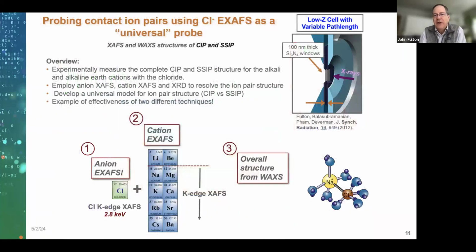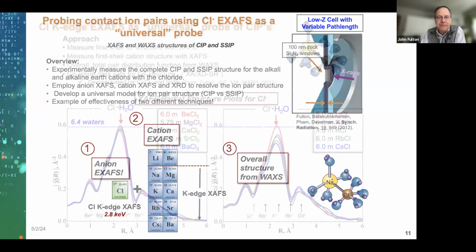Giving you a little more background, this is a study that we did some years ago where we used chloride XAFS as a so-called universal probe. We looked at the complete series of alkali and alkaline earth cations in solution, and looked at their chloride salts. We did chloride XAFS to try to detect the presence of contact ion pairs for this series. We also backed that up with wide-angle X-ray scattering to evaluate the existence of longer range structure.